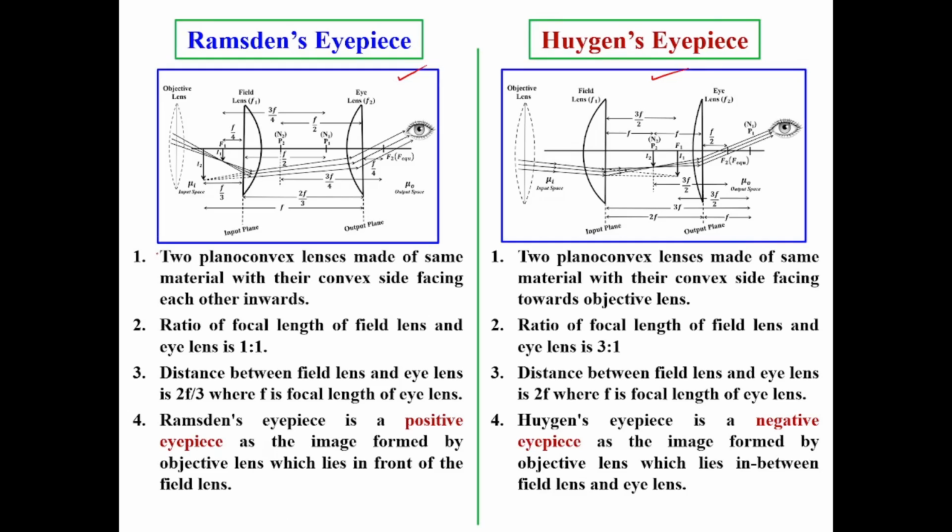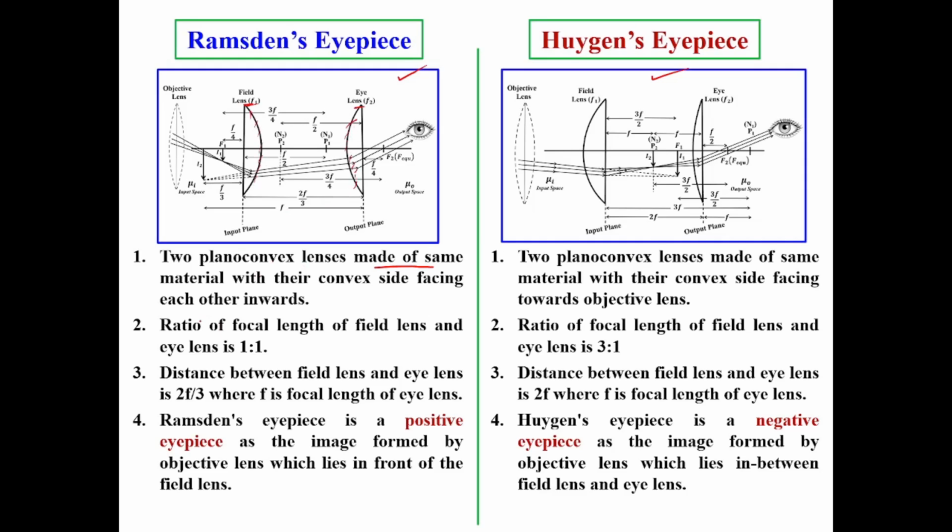Here the comparison starts. First point, two plano-convex lenses made up of the same material with their convex sides facing each other for the Ramsden eyepiece. So here the field lens and eye lens are two plano-convex lenses made up of the same material.